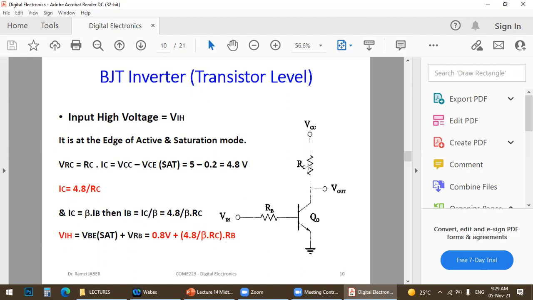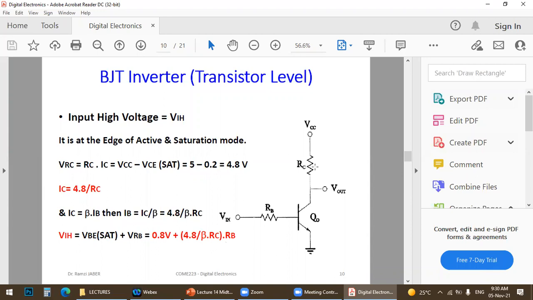In saturation mode, this voltage will be equal to 5 minus 0.2 volt, because in saturation mode this is limited by 0.2 volt. So this voltage of RC equals 4.8 volt. So IC equals 4.8 divided by the value of RC. This is equation number 1.